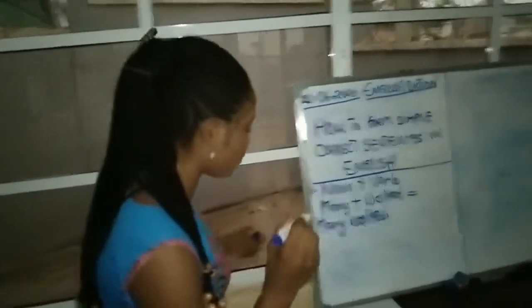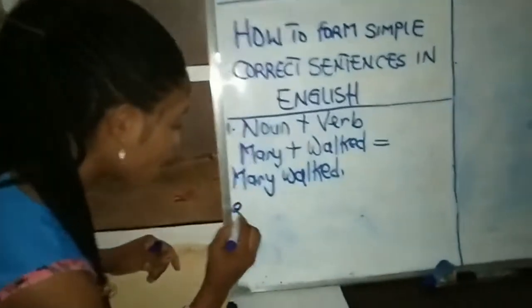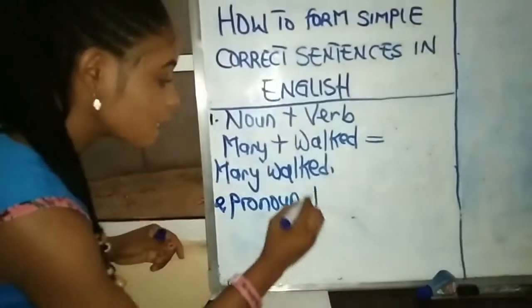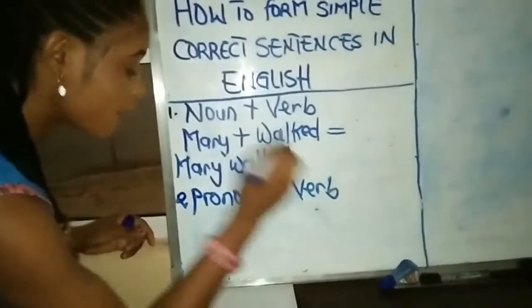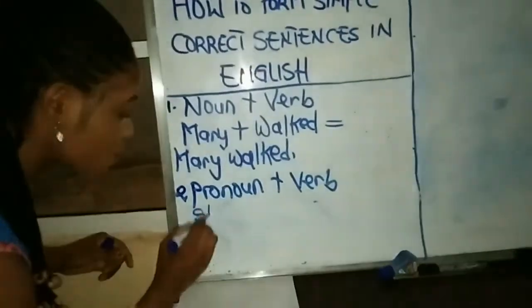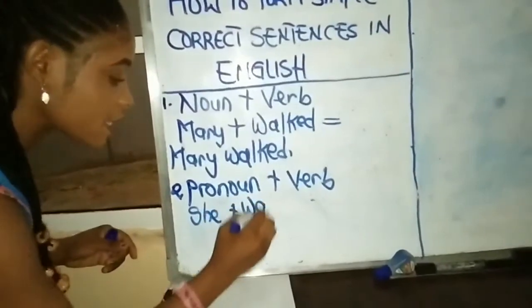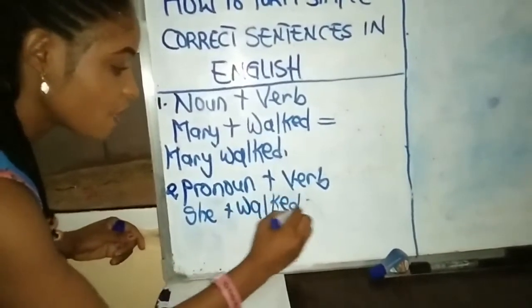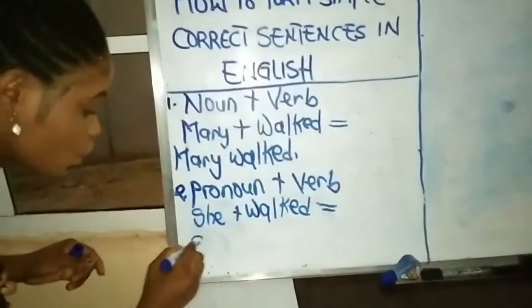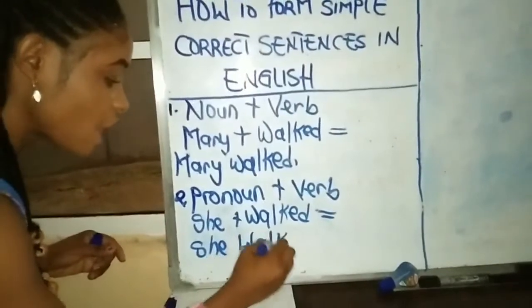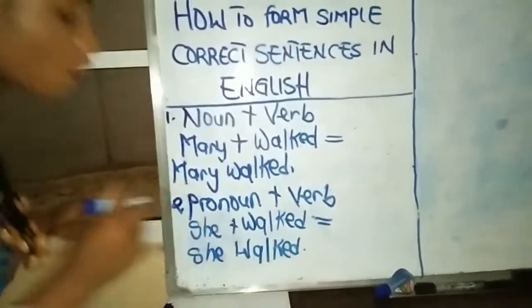So let's substitute this and see what we're going to have. We have the pronoun plus the verb. We're using the pronoun she plus the verb, and this gives us a sentence. Remember to end each sentence with a full stop.